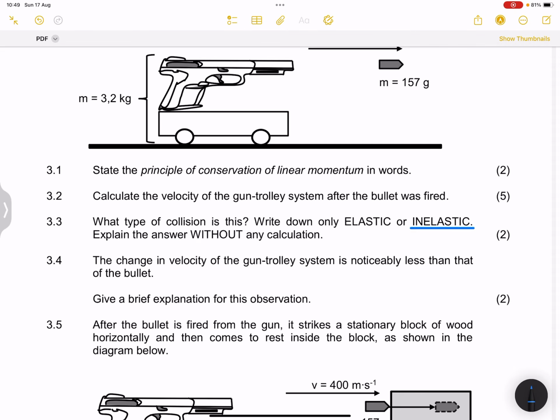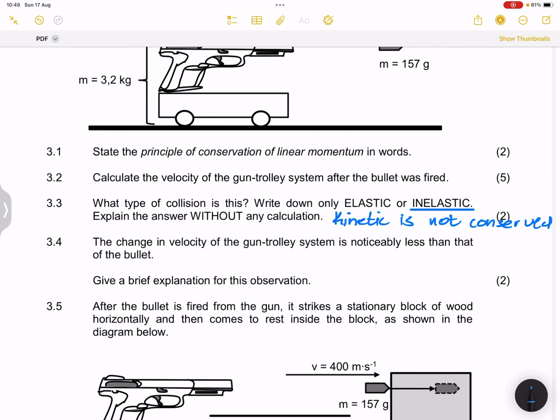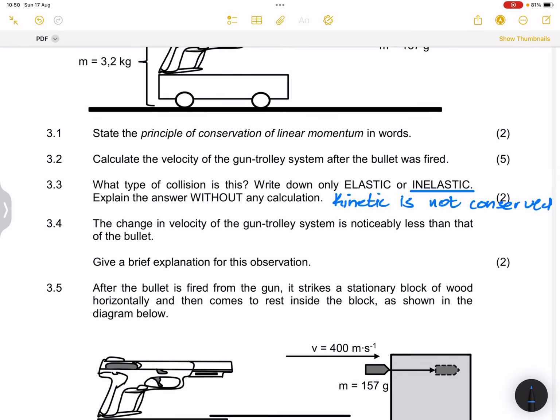We will say that kinetic energy is not conserved. Nothing wrong if you said that kinetic energy is converted into other forms or other types of energy, right? That is how the cookie crumbles.